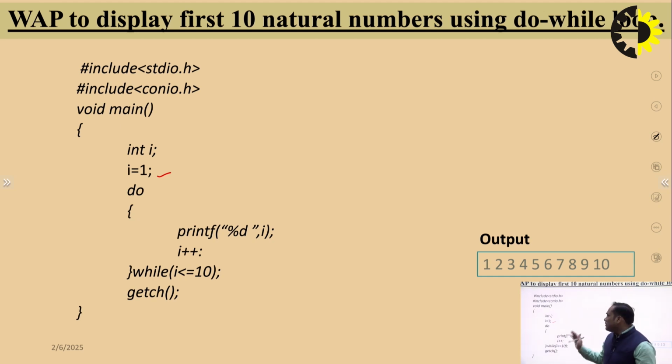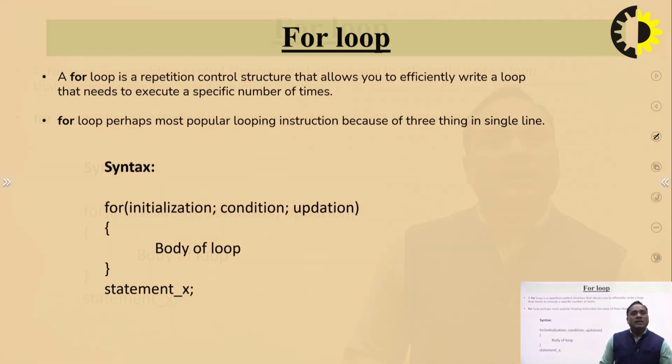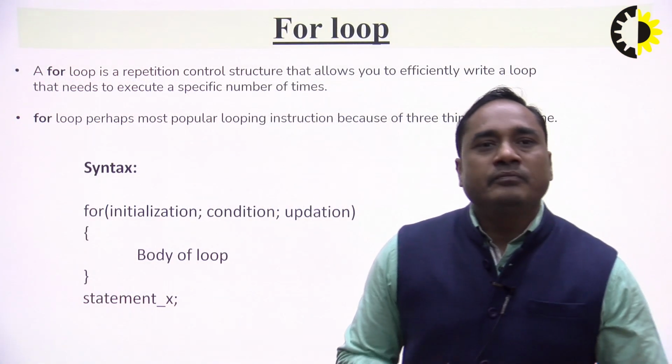We have initialized the value of i equals 1, and we check the condition of the while loop, and if it holds, then we get the result. So we can print the value, and your result is 1 2 3 up to 10, because till 10 the condition is true. So this is the do while loop to print the numbers from 1 to 10.